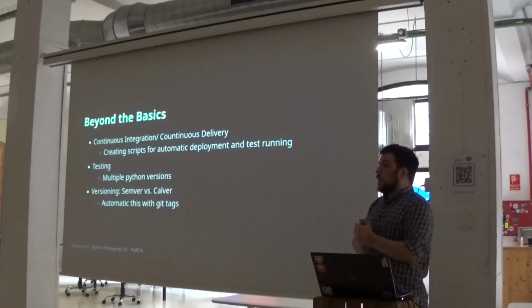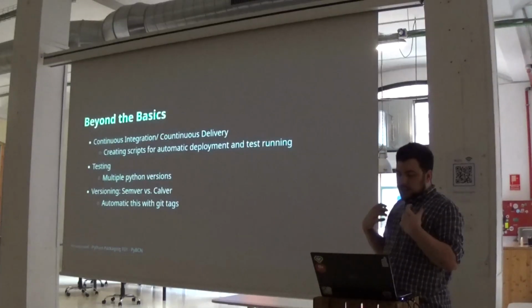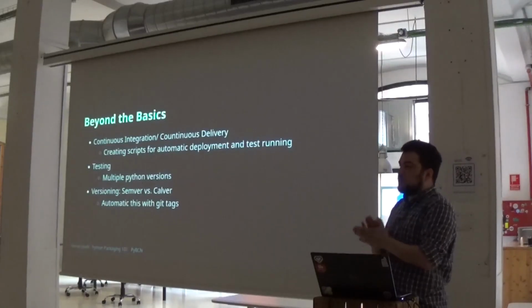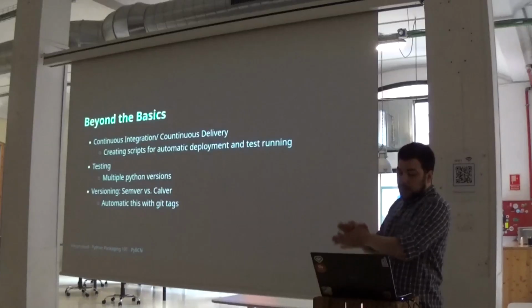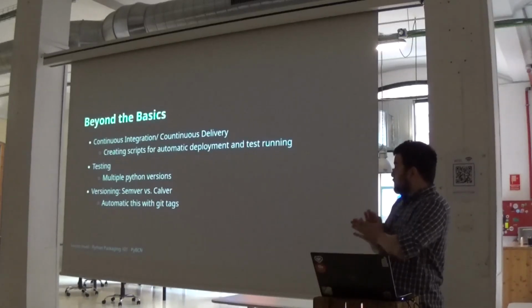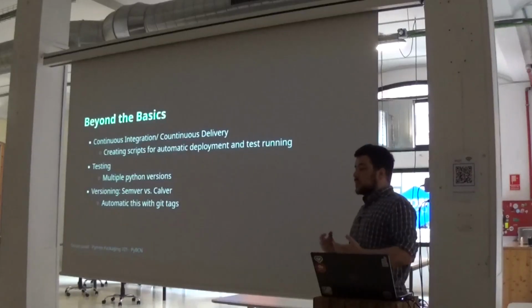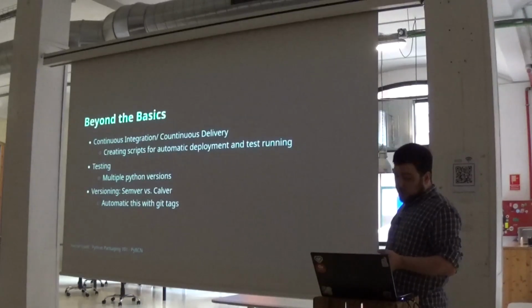So, for example, one thing that we haven't covered today, even though I talked about it, is running tests. Tests are very important for checking that your application or your package is working as you intend. And you can do some automation around that, for example, using a continuous integration, continuous delivery tool.